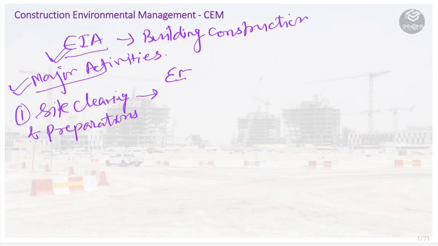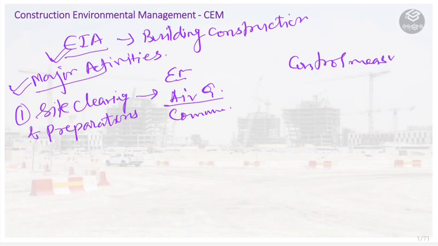Also, the dust emissions may impact air quality and also affect nearby communities. Then, what can be the control measures for this impact? Control measures can be: limit the area which is cleared, use silt fences, and implement dust suppression techniques such as watering the sites. Okay, dust suppression system.